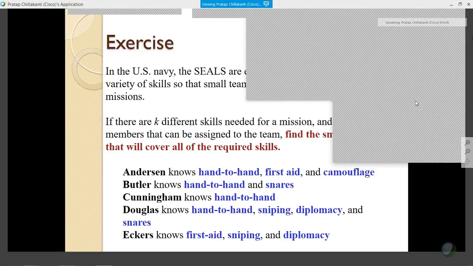And then do I start with the person who has the maximum number of skills, and then go from there? That's a possible solution, right? Because then I go down the branches, I will see who else has the other remaining skills, and then I stop once I cover the full set.